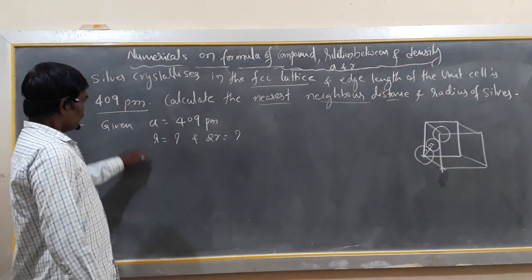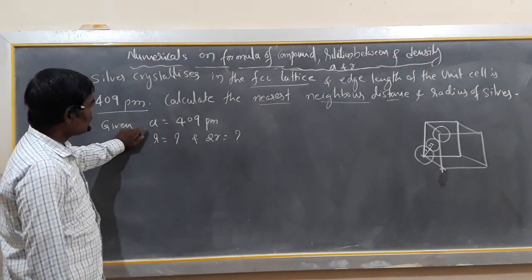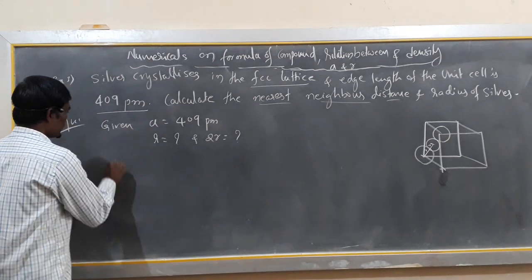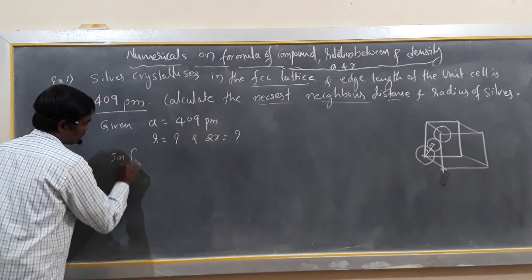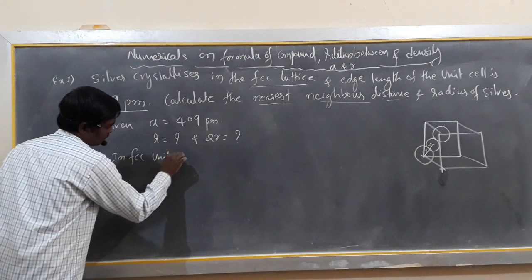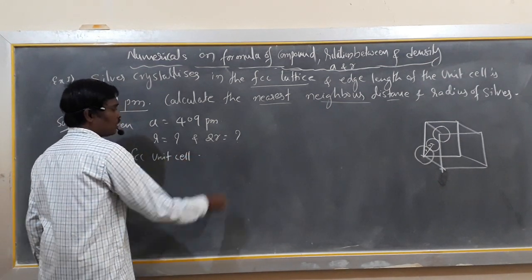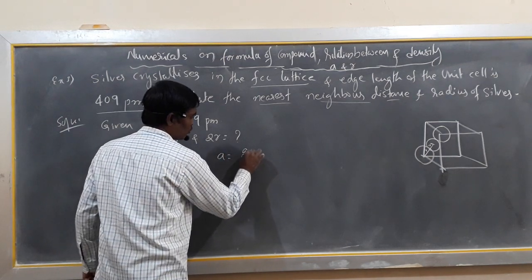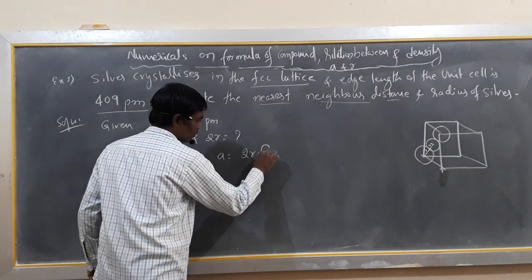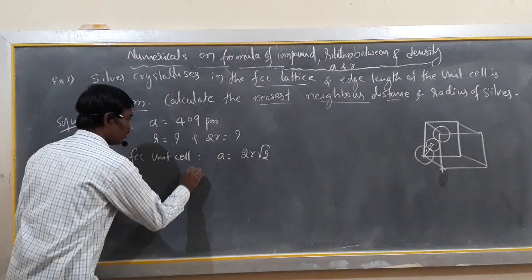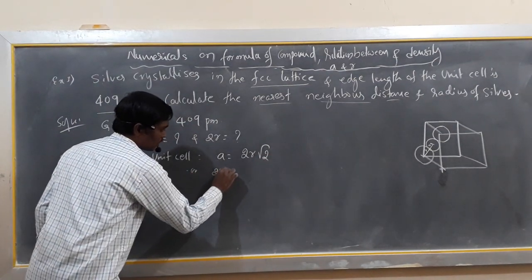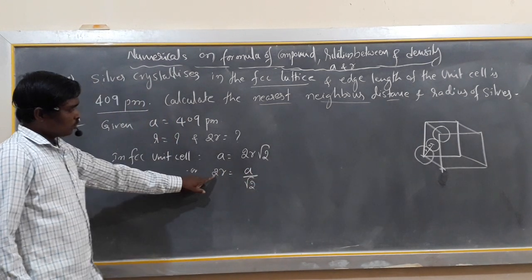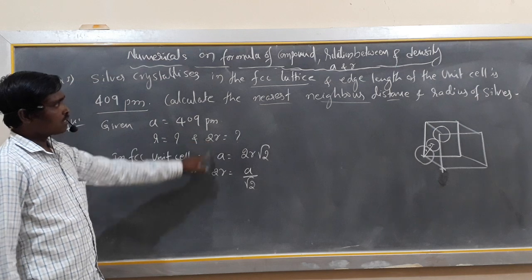And as we know, the relationship between the edge length and the radius of sphere in FCC unit cell: in FCC unit cell, A is equal to 2R into root 2, or we can write 2R is equal to A by root 2. So 2R is the nearest neighboring distance.